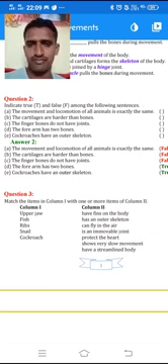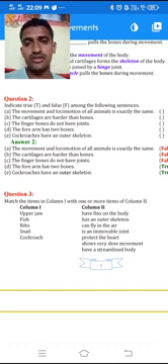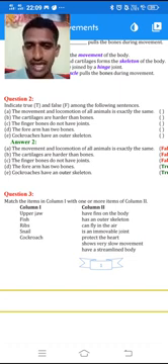Next: the finger bones do not have joints. It's false. Finger bones have joints, that's why we are able to bend them, right? If there were no joints in the fingers, we would never be able to bend them or do any work properly. So they have joints in them.